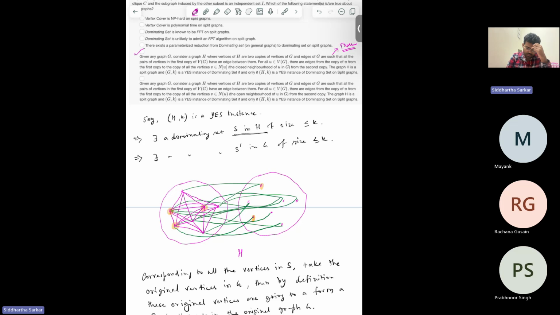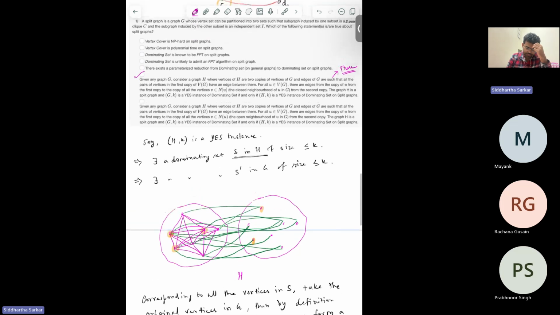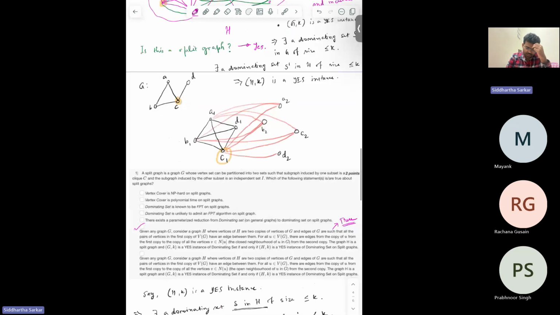So now the other statements we have already seen. So let's look at the other statements.